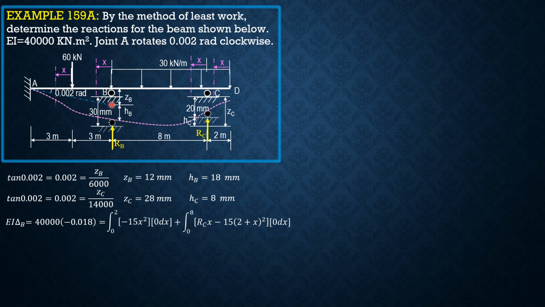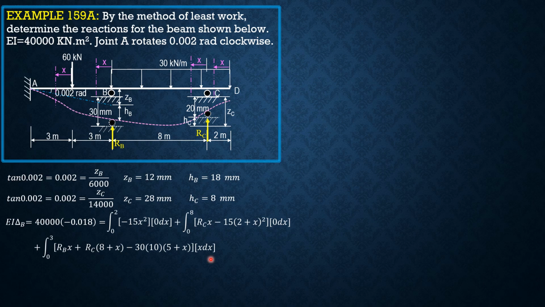And for the next section, integral from 0 to 3 of R sub B x plus R sub C times (8 plus x), then minus 30 times 10 times (5 plus x), the moment arm. The derivative of this equation with respect to R sub B is x dx.